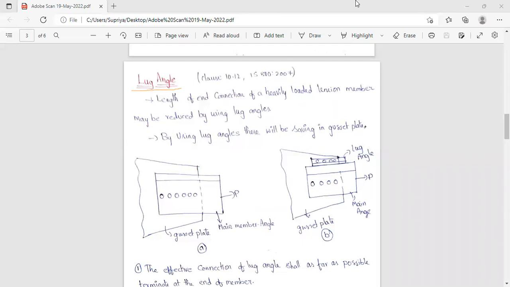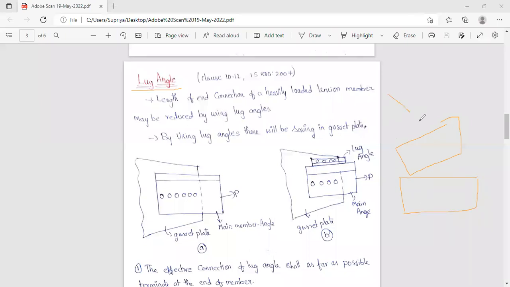Suppose you want to connect two or more members. What is the common element we use to connect them? A gusset plate, like this. A gusset plate is used to connect two or more members.